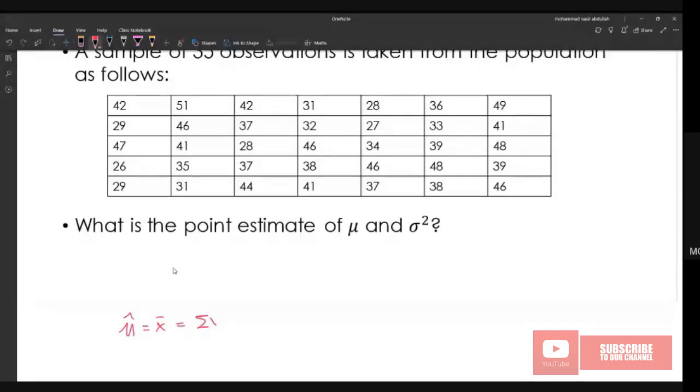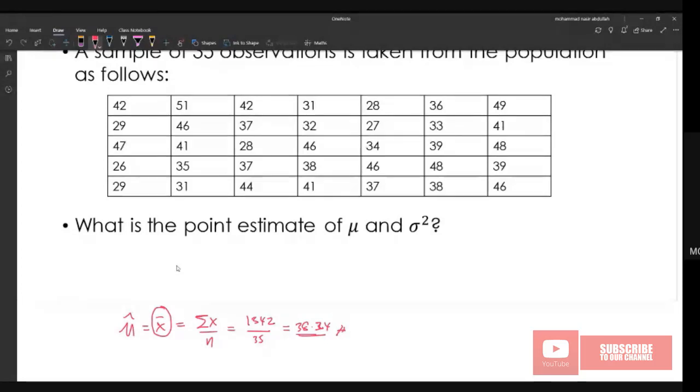The summation of x is, let's say, 1342, divided by 35 observations. This leads us to 38.34. So the point estimator for mu is x bar, and the point estimate is 38.34.